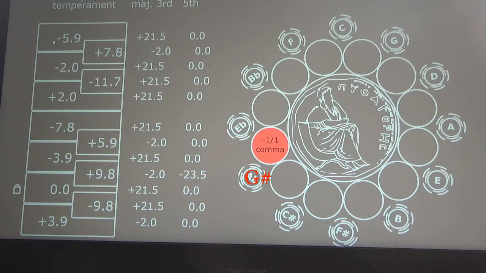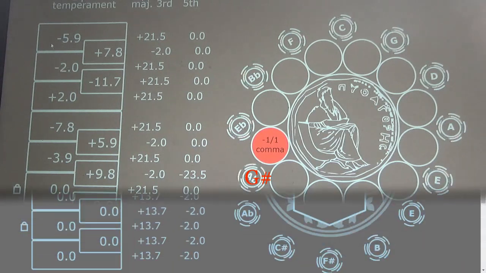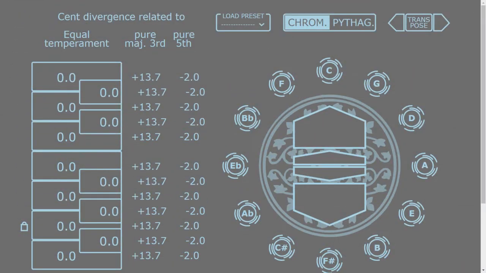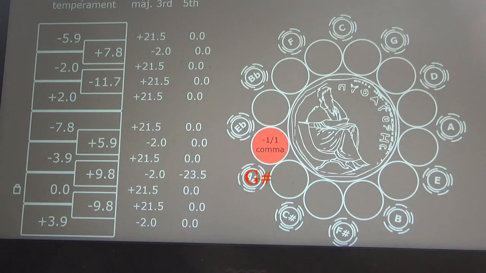And the numbers written on the keys show the divergence in cents, hundredths of a semitone, related to equal temperament. So in this Pythagorean temperament, C natural is 5.9 cents lower than in equal temperament. That's useful if you're working with a tuning machine. You can set your machine in equal temperament and read the differences off the dial.